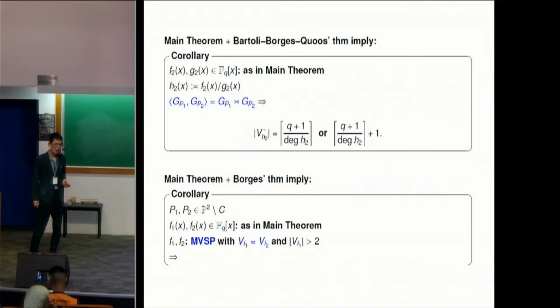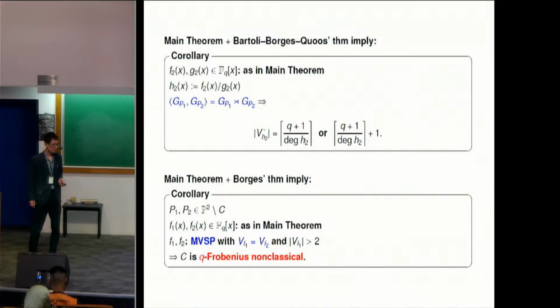If f1 and f2 are MVSP with the same value set, and the value set contains two or more elements, then C is q-Frobenius non-classical. These corollaries present a relation between Galois points and rational functions with small value set.